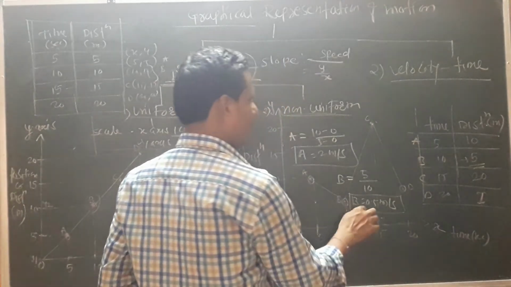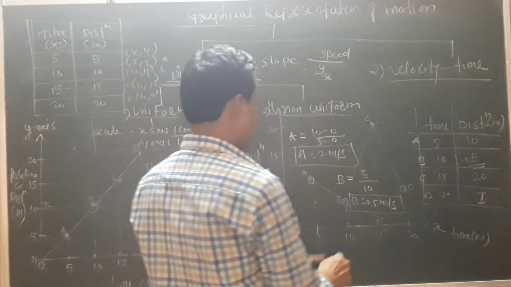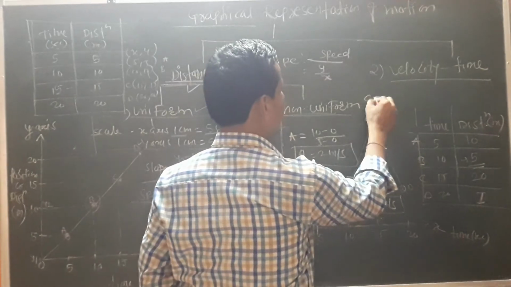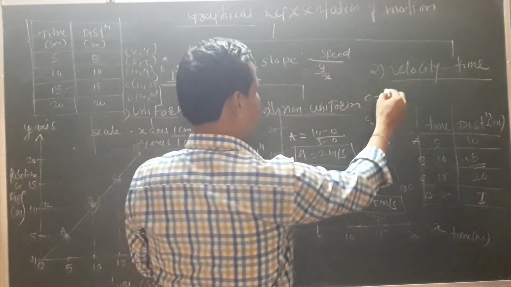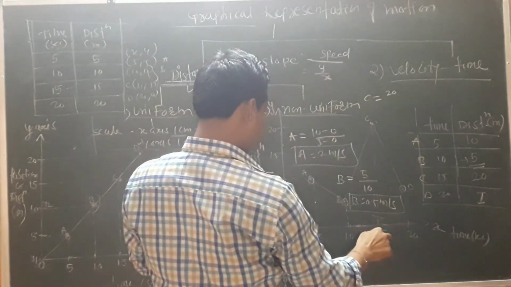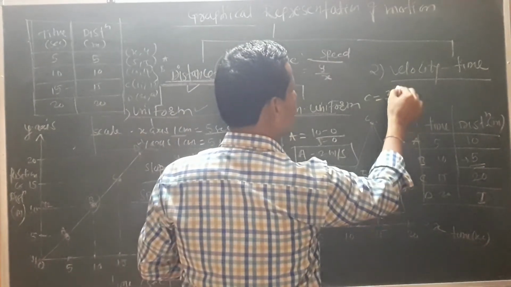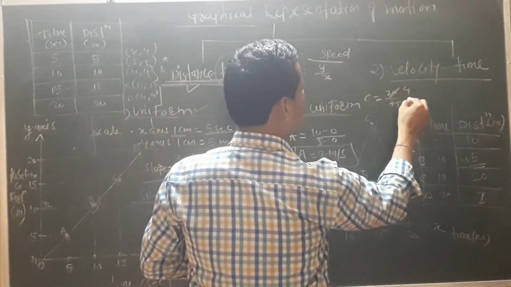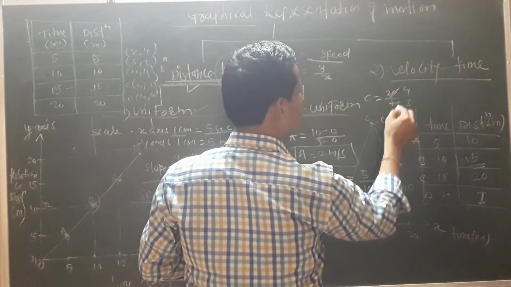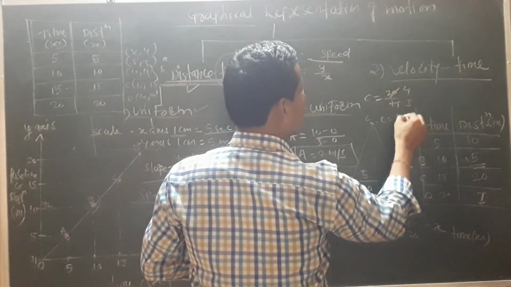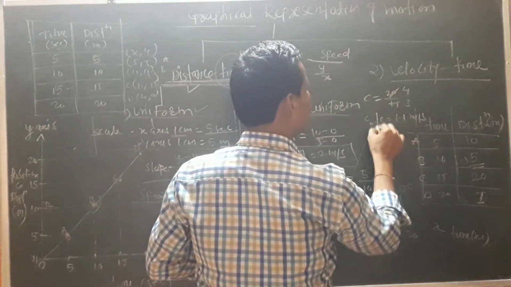Here the speed is going to change. Now look at point C. 20 minus 0, that is 20, and x2 is 15 minus 0, upon 15. So 4/3, that is 1.1 something meter per second.